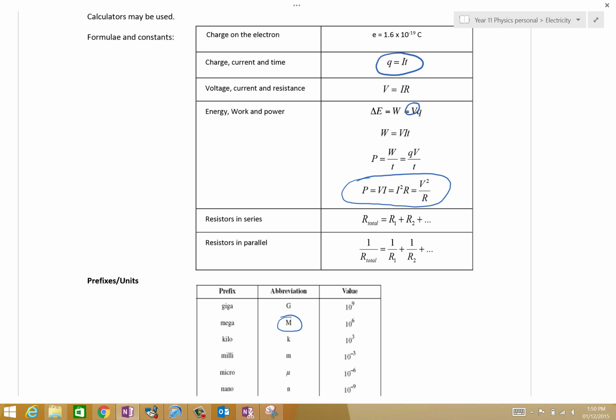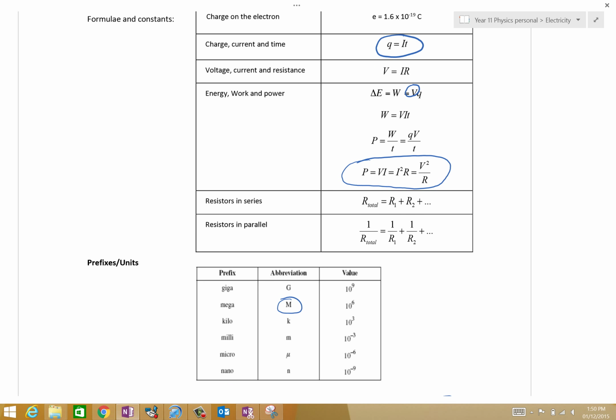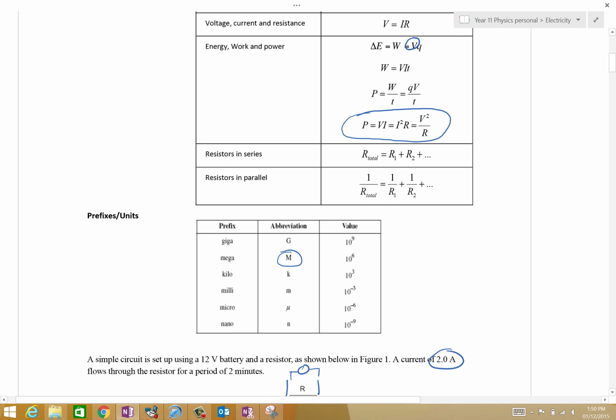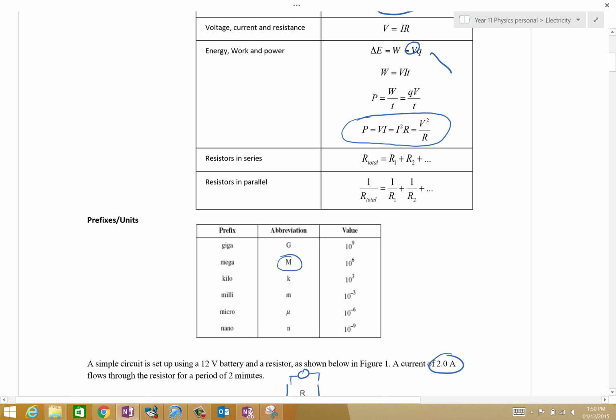So, we've got energy, or work, we've got VIT is equal to... what did we know from the textbook? There's an energy one, which was what?